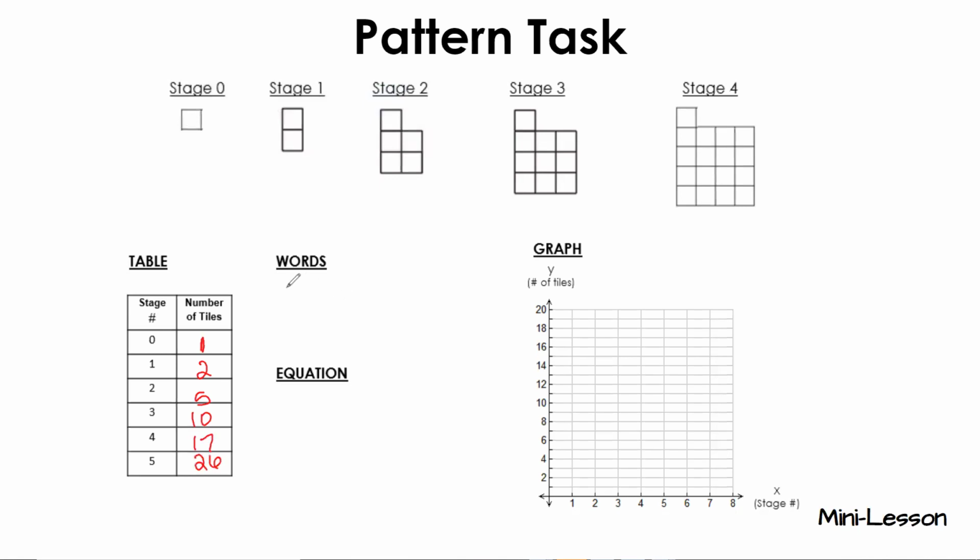Morgan already said stage squared plus 1, right? So let's write that out in equation form. y equals x squared plus 1. Now, if we graph this, this is what it would look like.